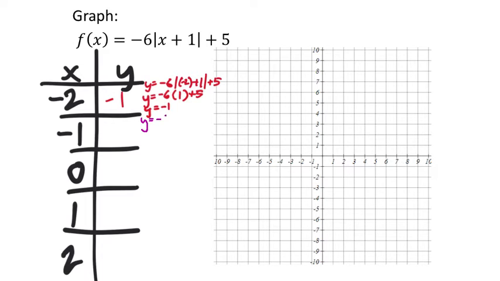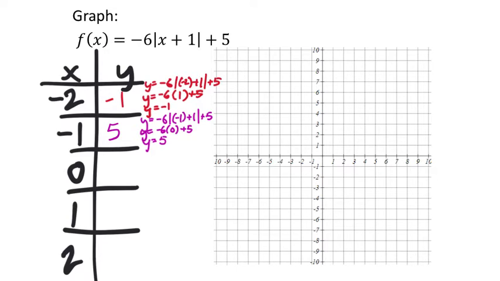So y equals -6 times the absolute value of -1 plus 1, plus 5. In that absolute value, I have -1 plus 1, which is 0. The absolute value of 0 is 0, plus 5, so it's really just 5. So I get a corresponding y value of 5 right there: -1, 5.